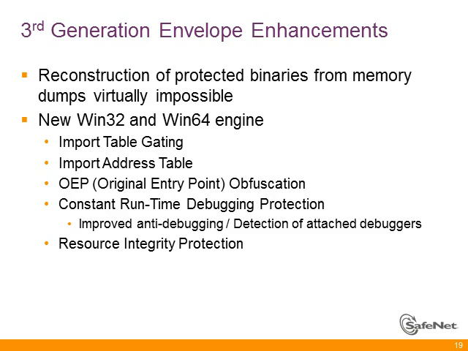Now, in the case of what's called the original entry point, or OEP, the envelope obfuscates the OEP and hides it from inside the envelope code. When protecting an application, the vendor can choose to have the envelope handle constant anti-tracing and anti-debugging. Envelope offers enhanced user mode debugger detection, in addition to detecting whether a debugger is attached to a running process.